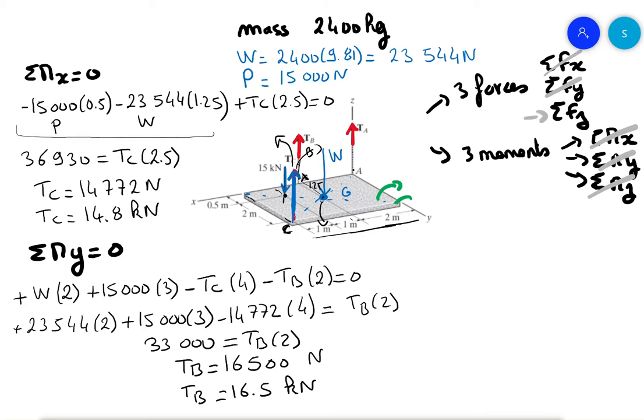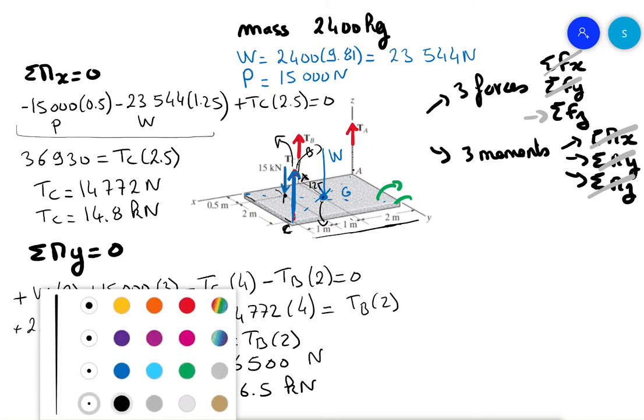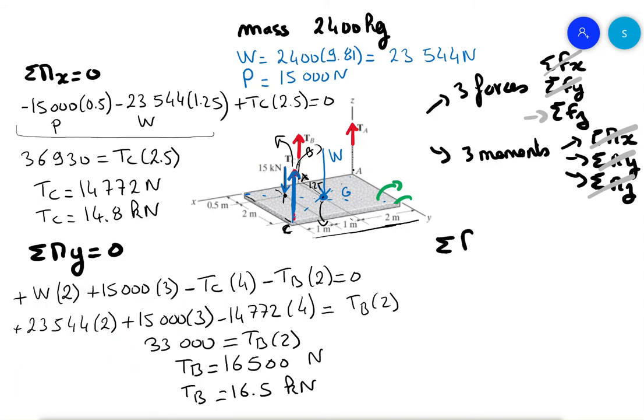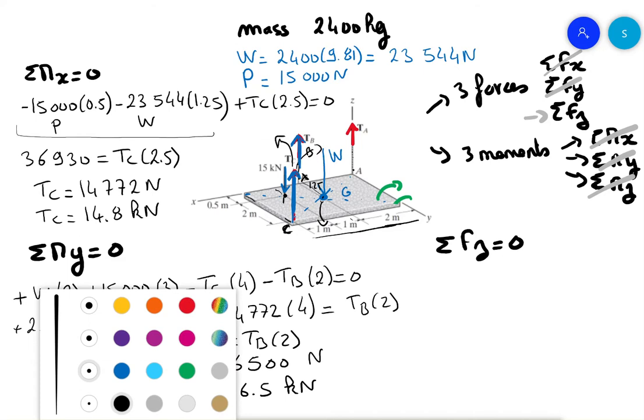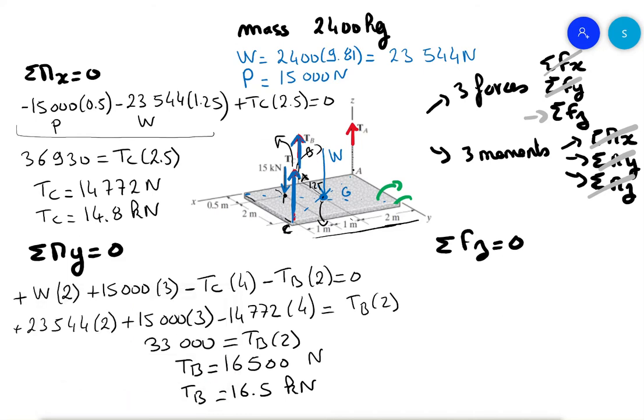So we have one equation left. That's sum of the moment on Z is equal to 0. Actually, the force on Z. And now TB is a known force, blue force. So we will be able to solve for TA. That is our last red force, unknown force. So we have our equation on Z. We have TA plus TB plus TC minus the weight and minus the load 15 kilonewton equals 0.